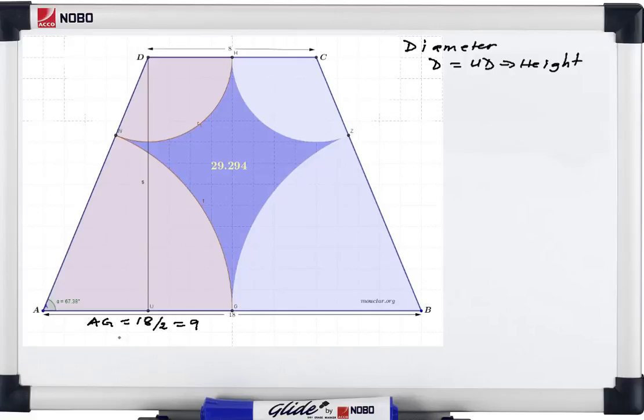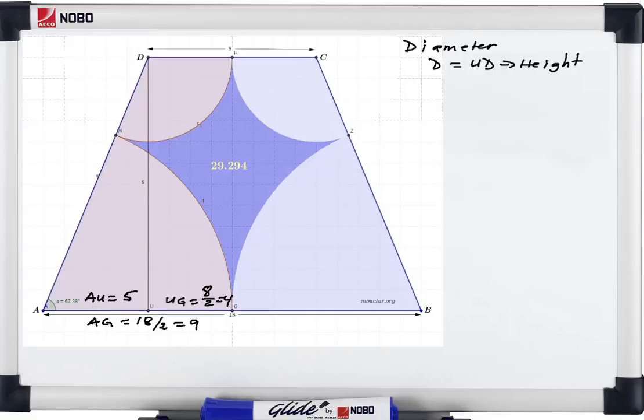And we have that half of DC, DH, is 8 divided by 2, which is equal to 4. That means that AU is equal to 9 minus 4, which is 5. Okay? So that gives a good piece of information. So we have 5 here.